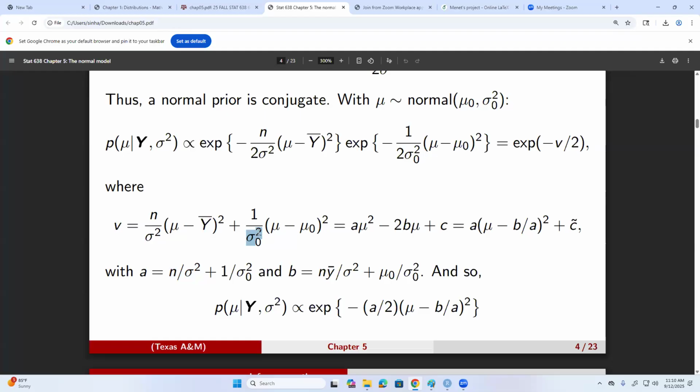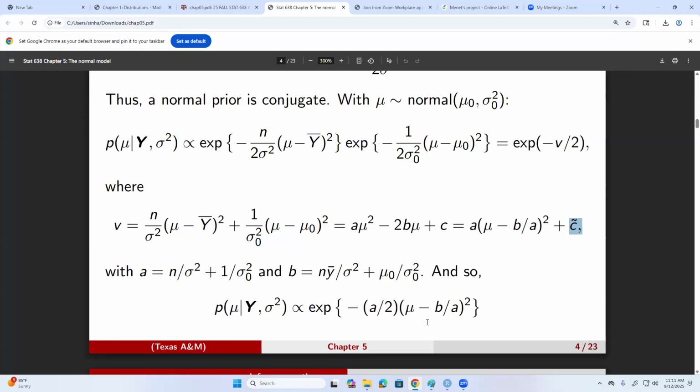That is A. 2b mu is the term involving the coefficients of mu, and C is the constant term. Now I want to complete the square. So I take A outside and then write (mu minus B over A) square plus C tilde. C tilde is another constant.